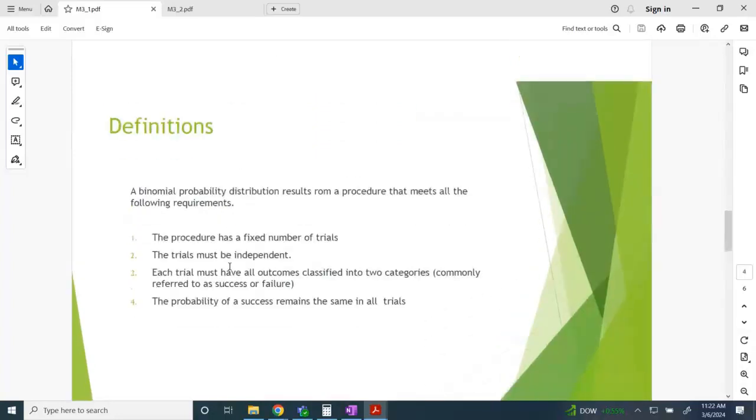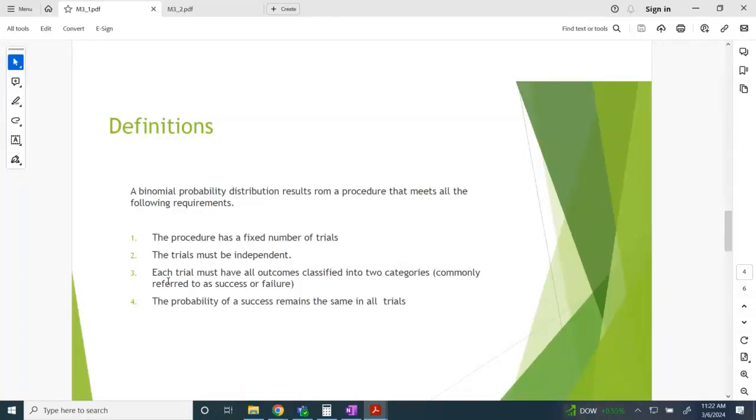All right, so now we're going to just take a look at some definitions. A binomial probability must meet the following requirements. The procedure has a fixed number of trials. Second, the trials must be independent. Third, each trial must have one of two outcomes, and it says it's commonly success or failure.